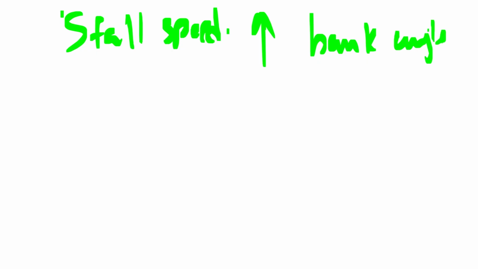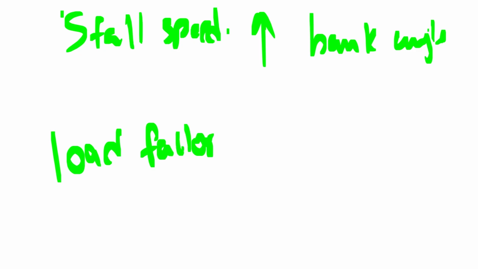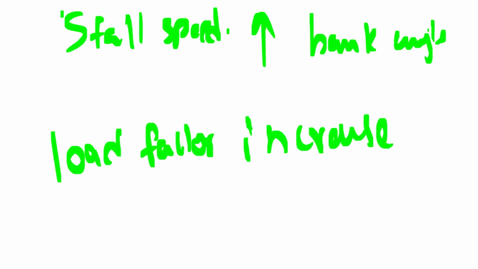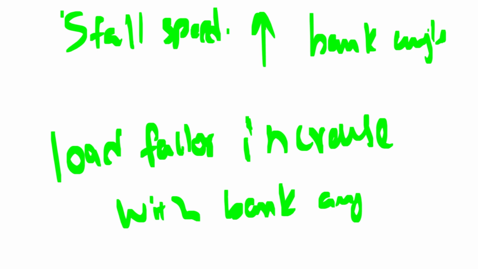The stall speed also increases with the bank angle. So if we have more bank angle, that means the aircraft needs to travel much faster to stay in flight. So the load factor increase with bank angle causes the stall speed to go up, right?